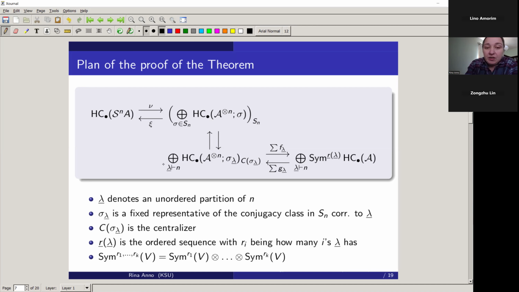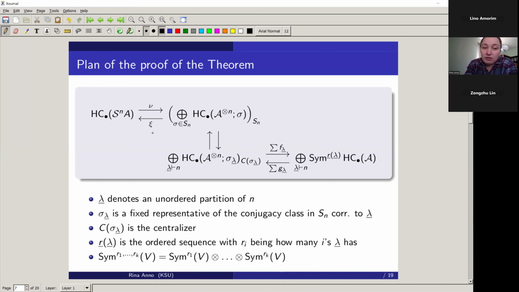What happens here is we're turning a sum over all elements of the symmetric group and coinvariance into invariants by the centralizer of a representative in the summand.